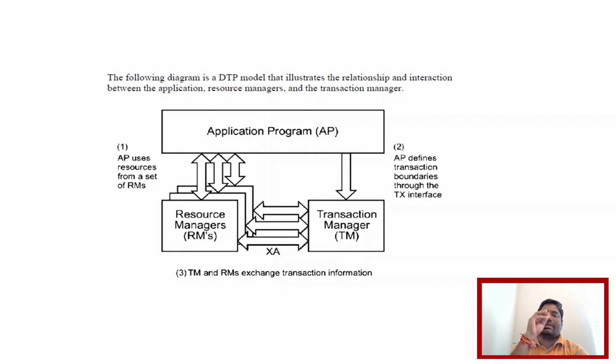Then the same application program makes a call to a transaction manager. The transaction manager is another program, responsible for communicating with the resource manager and making the changes as per the code written by the application programmer. So it builds the boundaries; what action is performed depends on the isolation and transaction propagations which we specify in our application.